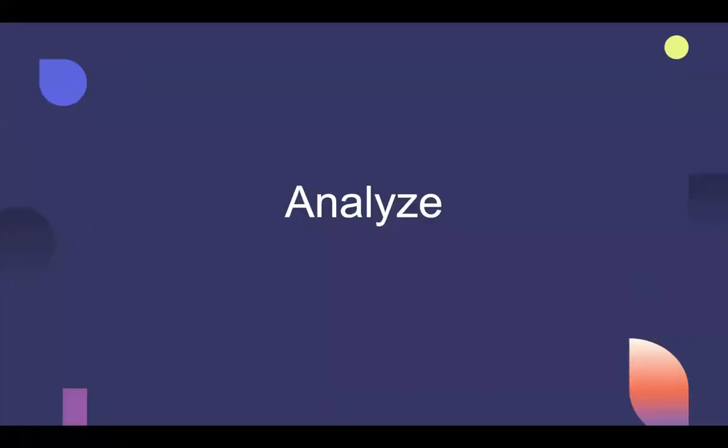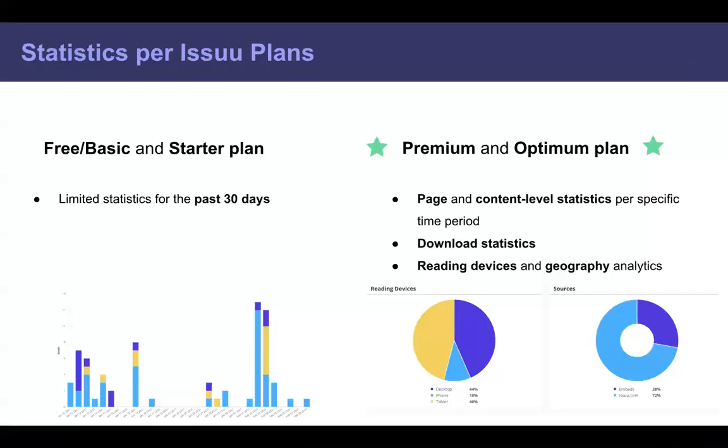So that's sharing. I like to cover sharing and analytics together, because the more you share, the better performance you get under statistics, right? So we have 5 different plans on Issuu: free, basic, starter, premium, and optimum. With free, basic, and starter, you have limited access to statistics, only the past 30 days.